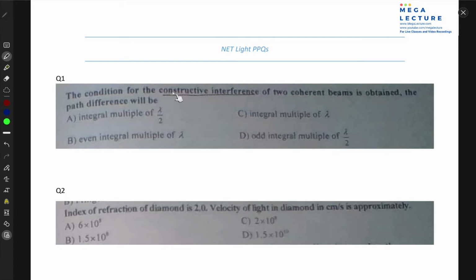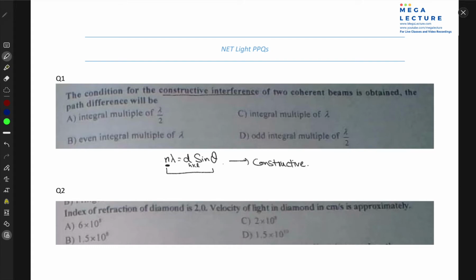But remember, they're talking about constructive interference, and we know that the condition for constructive interference is n times lambda equals d hkl sine theta. Clearly you can see that when this is the case, we'll have constructive interference, and this implies that we have n times lambda.